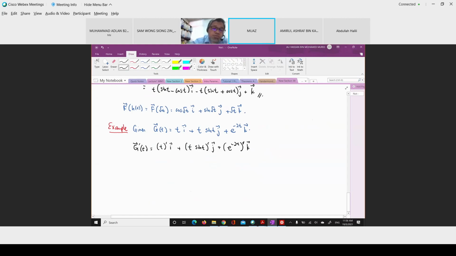So we differentiate component by component. The derivative of t is 1. What about the derivative of t sine t? We use the product rule there.